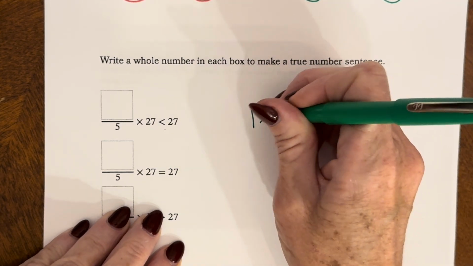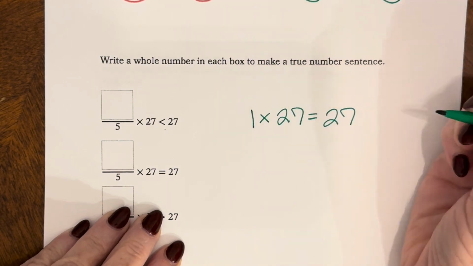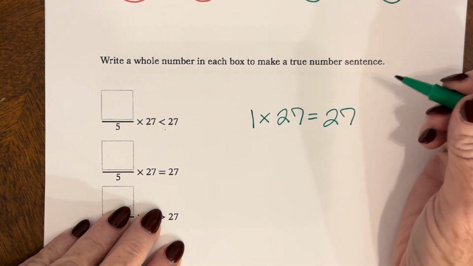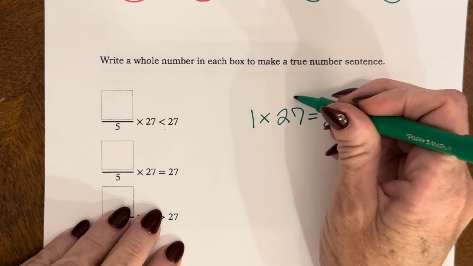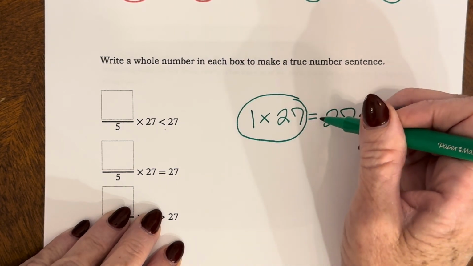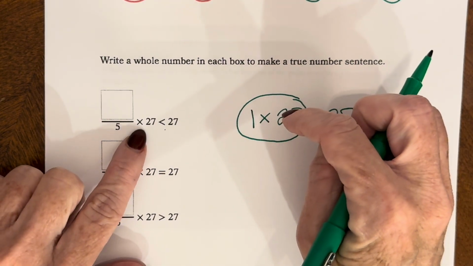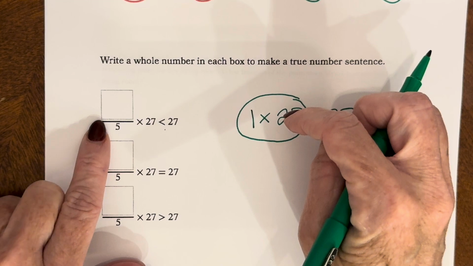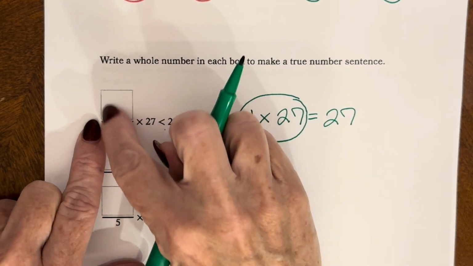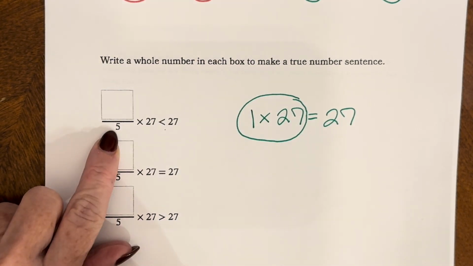Well, I know that 1 times 27 is going to equal 27. So if I want this part of the equation to be less than 27, I'm going to need to multiply 27 by something smaller than 1. So what could I put here that's going to make this fraction less than 1?